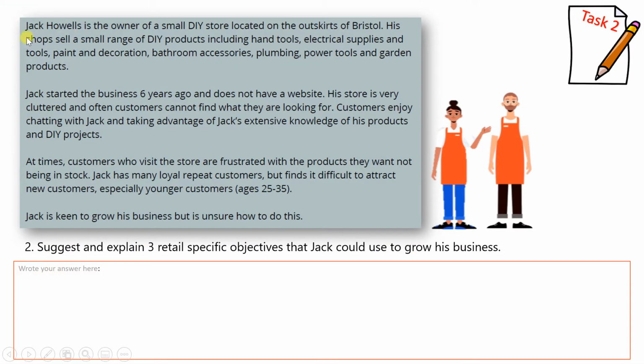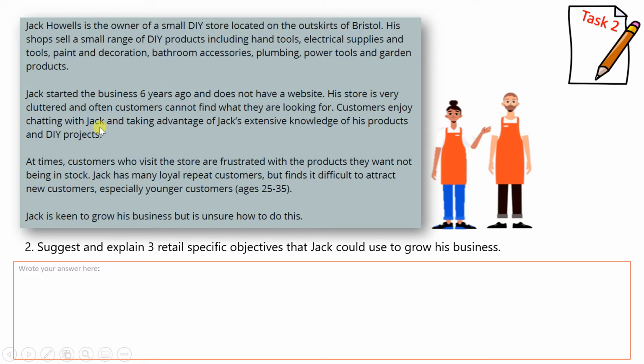Task 2. Jack Howells is the owner of a small DIY store located on the outskirts of Bristol. We'll have Bristol for today. His shops sell a small range of DIY products including hand tools, electrical supplies and tools, paint, decoration, bathroom accessories, plumbing, power tools and garden products. Jack started the business 6 years ago and does not have a website. His store is very cluttered and often customers cannot find what they are looking for.